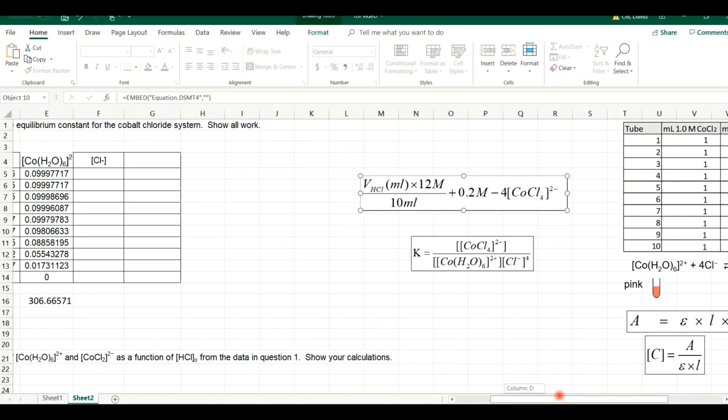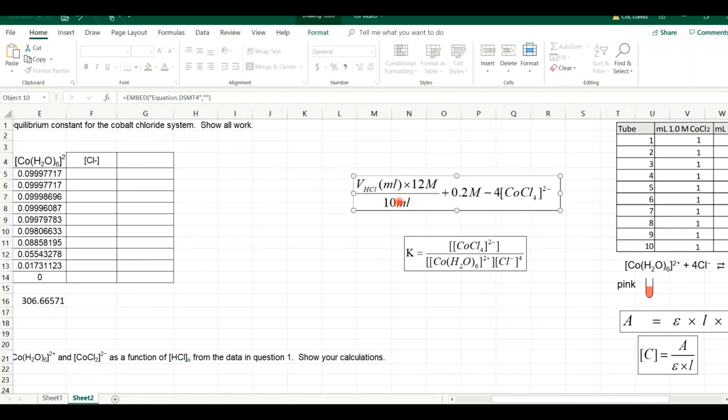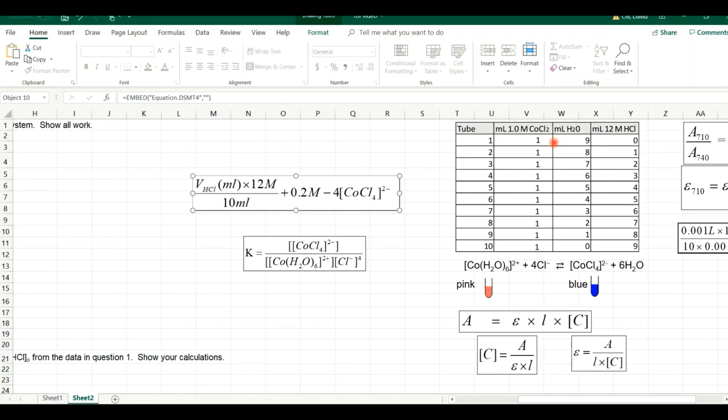The first term is the chloride ion coming from hydrochloric acid. If you look at this table, we add different volumes of hydrochloric acid, 12 molarity. So the volume times 12 gives you the number of millimoles, divided by the total volume in each tube, which is 10 milliliters. You can see 1 plus 9 is 10, 1 plus 8 plus 1 is 10, 1 plus 7 plus 2, they are all 10 milliliters.